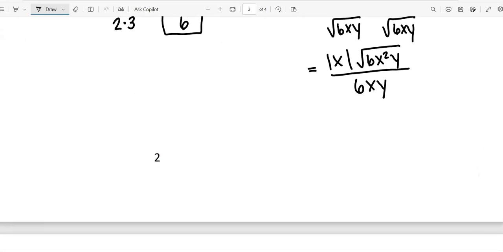Can I simplify anymore? Yeah, don't I know the square root of x squared? Yeah. Is there anything else that I can simplify? Do we have the same factor top and bottom? On the outside.